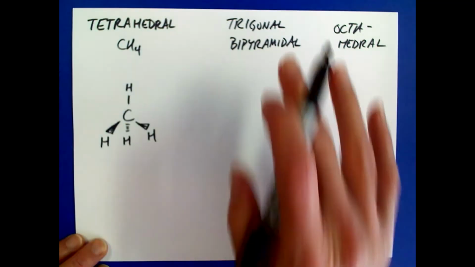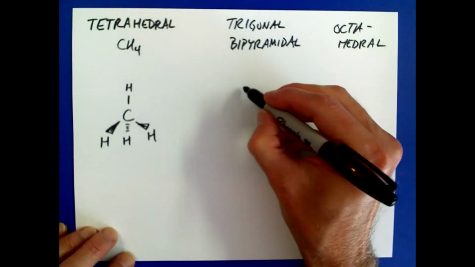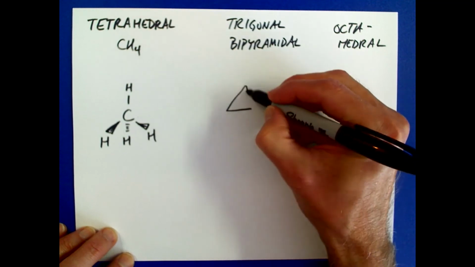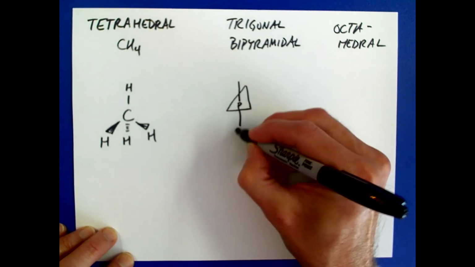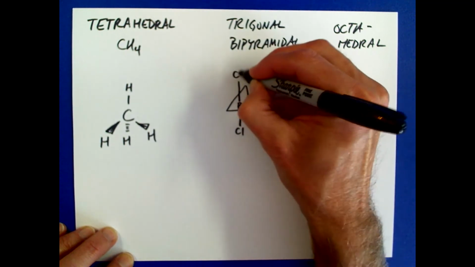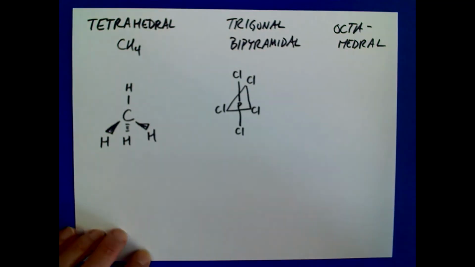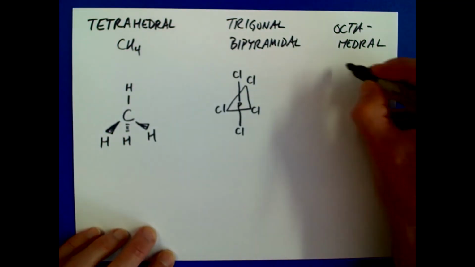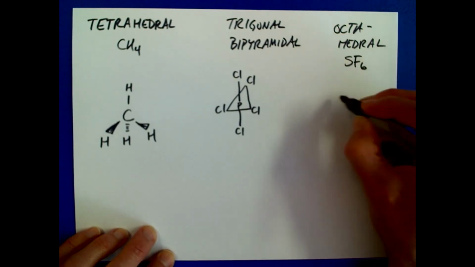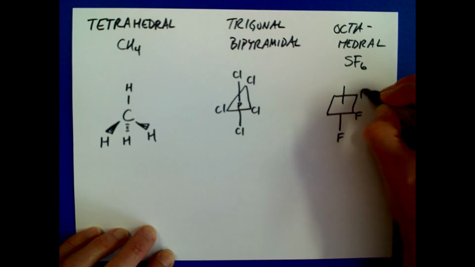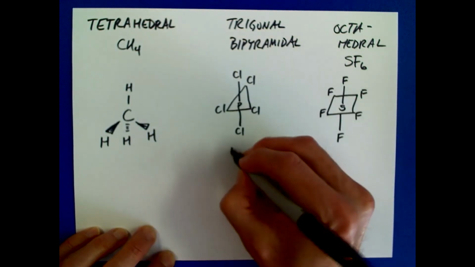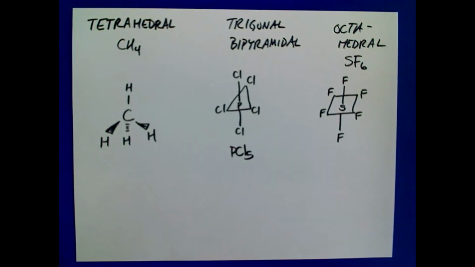In the trigonal bipyramidal arrangement, we could have phosphorus pentachloride with a phosphorus in the middle and all chlorines around the sides. And for octahedral, we could have sulfur hexafluoride, which can be represented like this. The sulfur in the middle, and this would be PCl5.